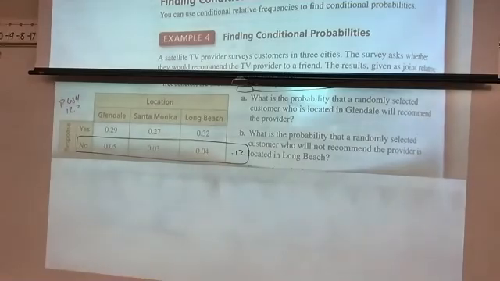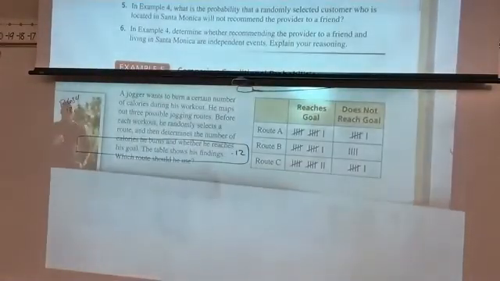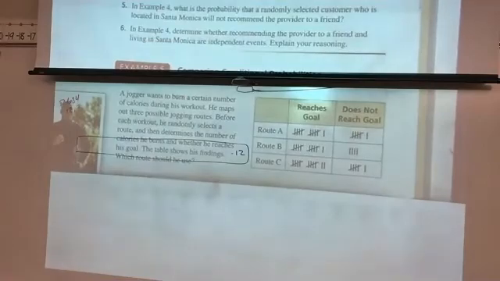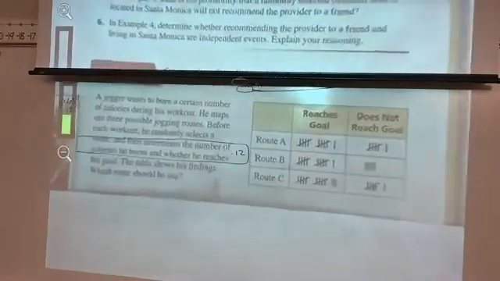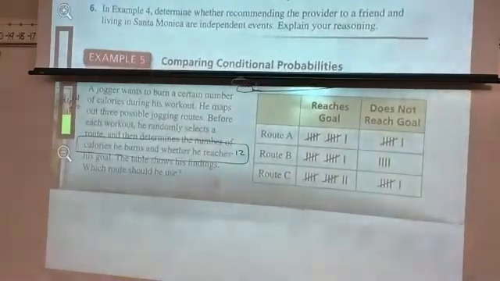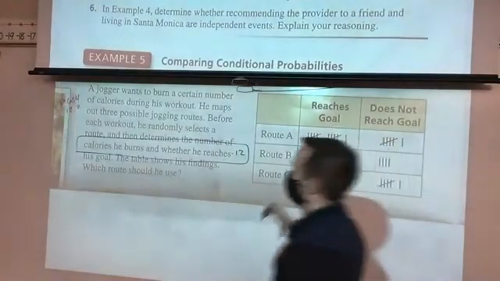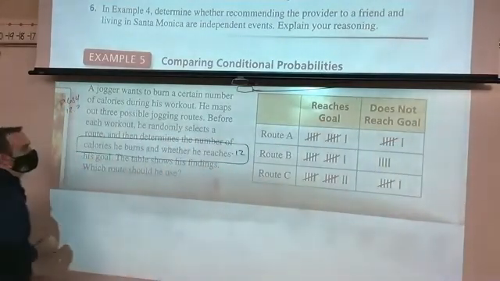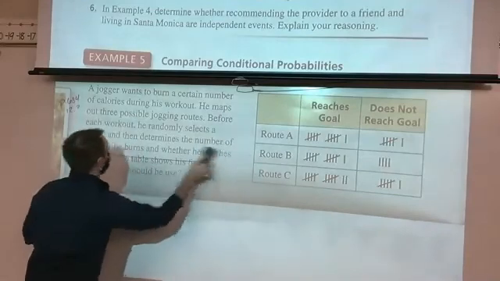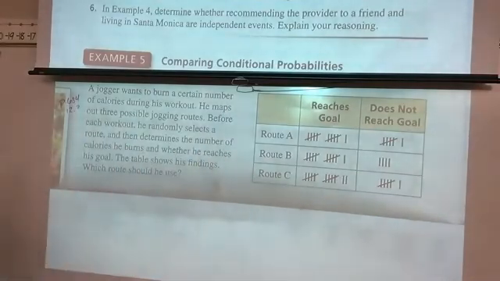I have one more problem for you here. I'll let you work through this together. Here we're talking about a jogger who wants to burn a certain number of calories during his workout. We want to know which route is going to be the best for him to use, which one would make the most sense for him based on the data provided. Talk to somebody about it. How can we figure that out?